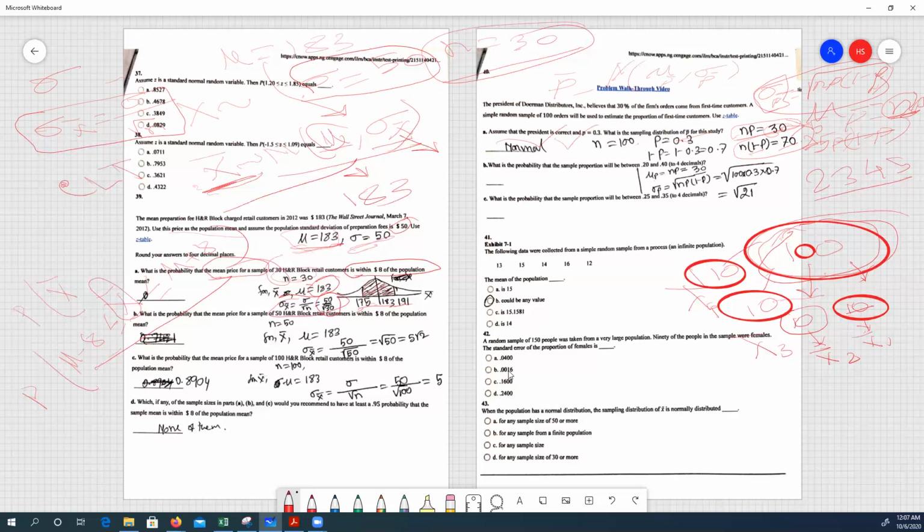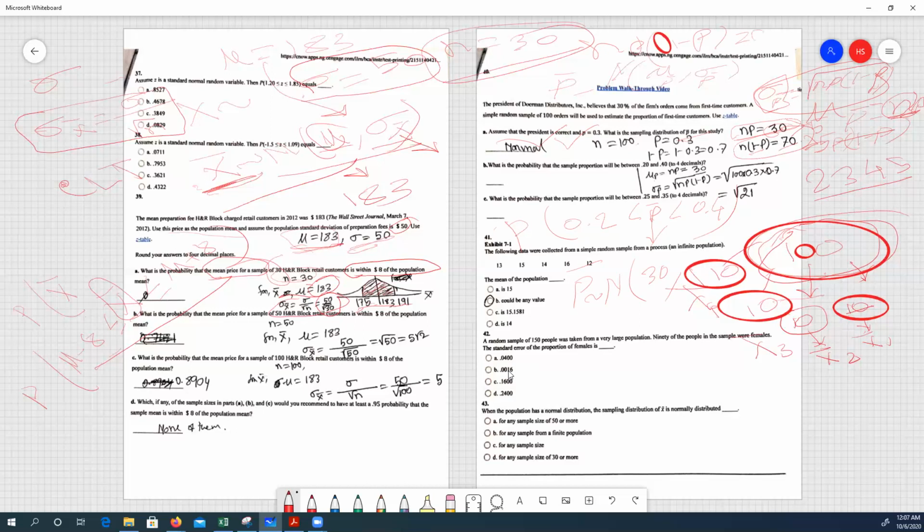What is the probability that the sample proportion will be between 0.2 and 0.4? That means you have to find the probability that p bar is between 0.2 and 0.4, and you know the distribution of p bar. This is the normal distribution with mean n times p, which is 30, and n times p times 1 minus p, which is 100 times 0.3 times 0.7.